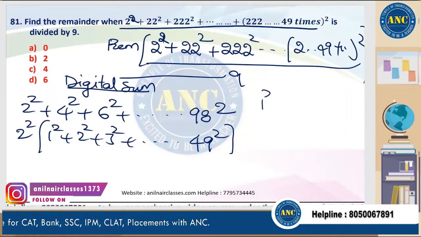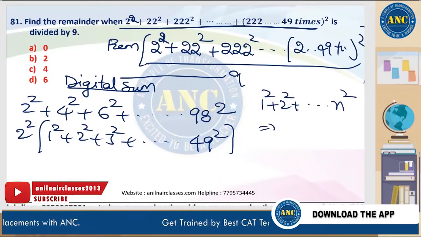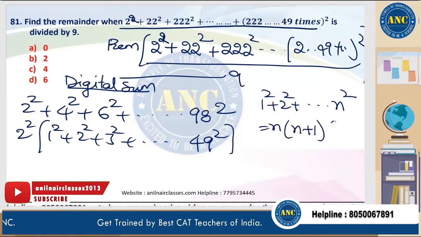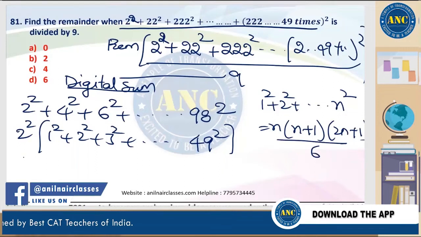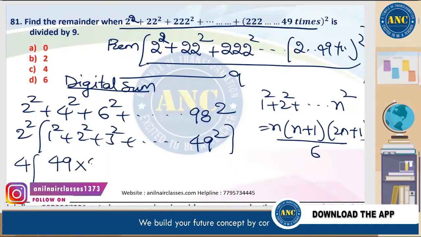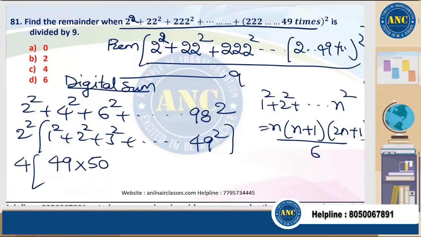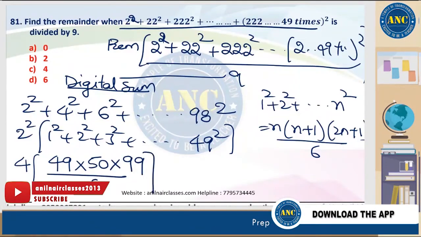We know the sum of the squares of the first n natural numbers is n into n plus 1 into 2n plus 1 by 6. So this is nothing but 4 into 49 into n plus 1 is 50 into 2 into 49 plus 1, 99, divided by 6.